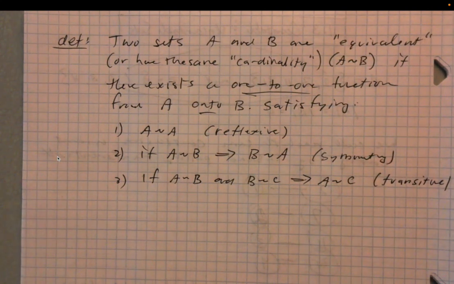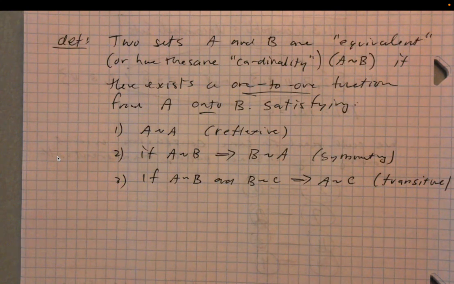So transitive. We've probably seen this type of thing before, I hope, or at least heard of it. This is the standard definition we use for equivalence relations. Reflexive: a set is obviously equivalent to itself. Symmetric: if A is equivalent to B, then B is equivalent to A, so it reverses on itself.